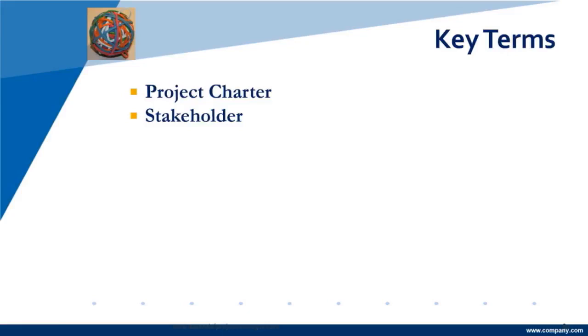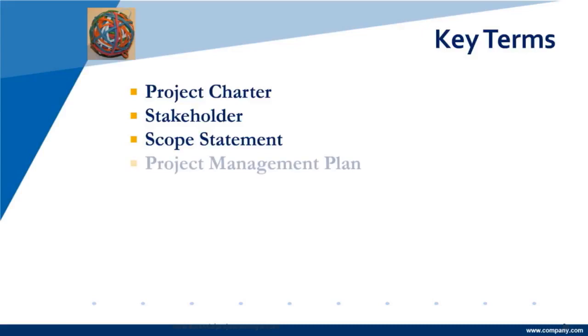They may be very, very important, but keep that in mind on stakeholders. The scope statement can be brief, succinct, but we need to have a scope statement, and I use it generally a lot in meetings to try and make sure everybody knows what our project's about and what it's not about.